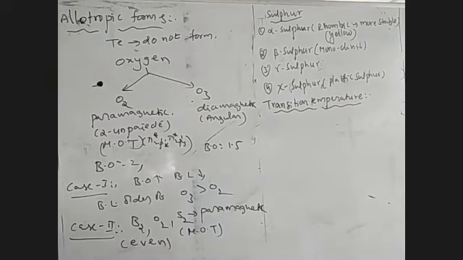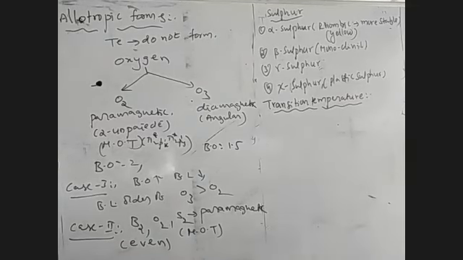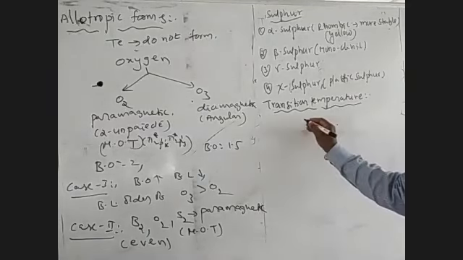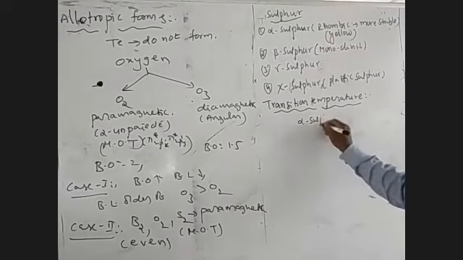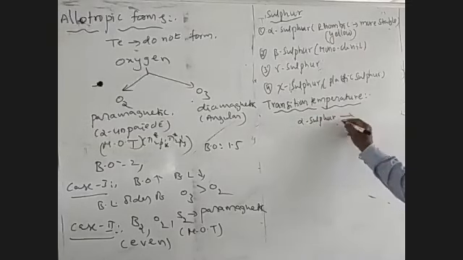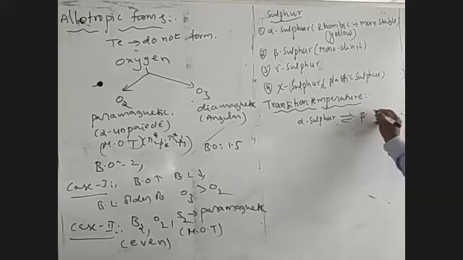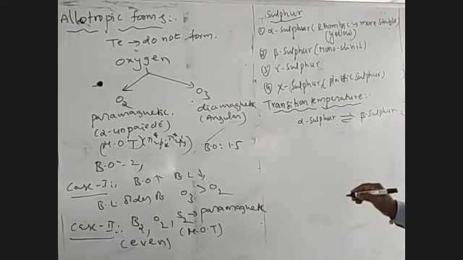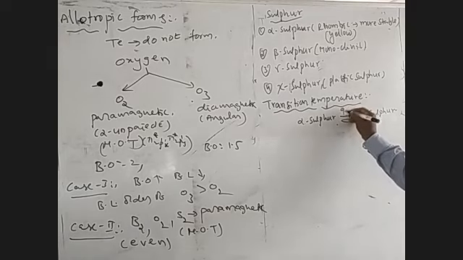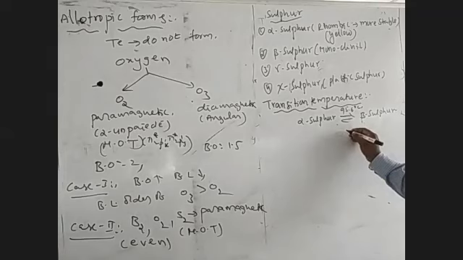Therefore, this temperature is known as the transition temperature. Here, alpha sulfur and beta sulfur are in equilibrium with each other. This temperature is called the transition temperature of sulfur, which is taken as 95.6 degrees centigrade, or 369 Kelvin.